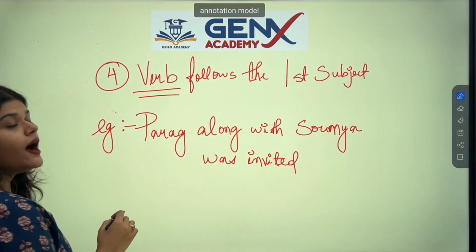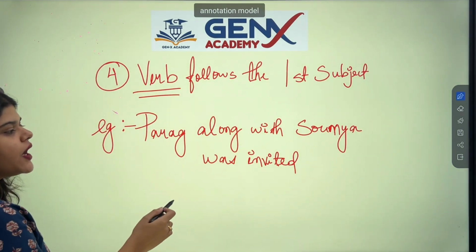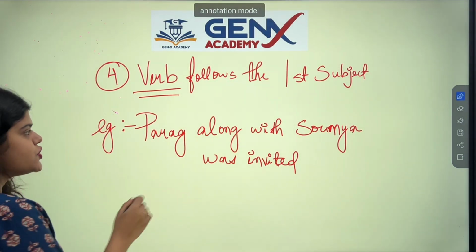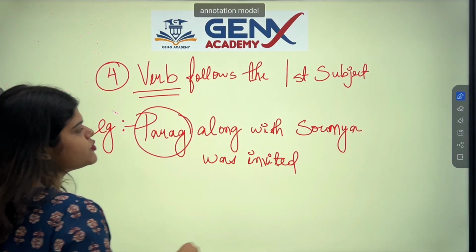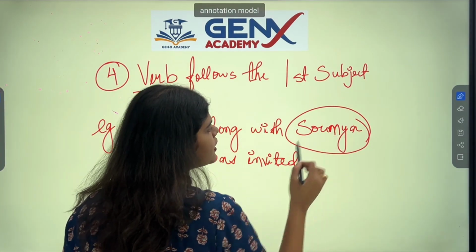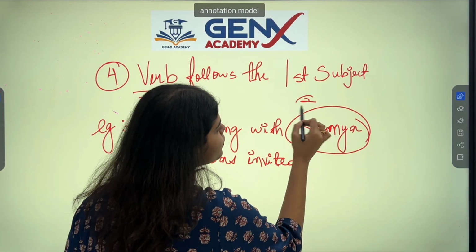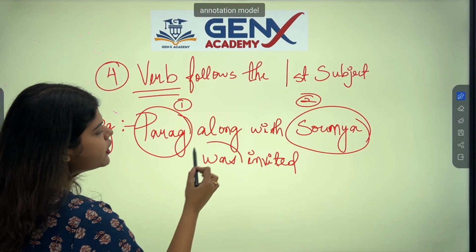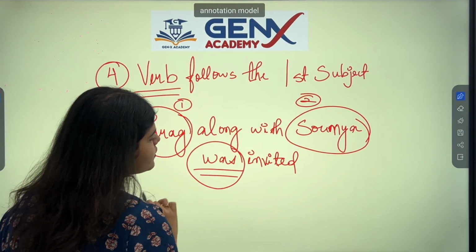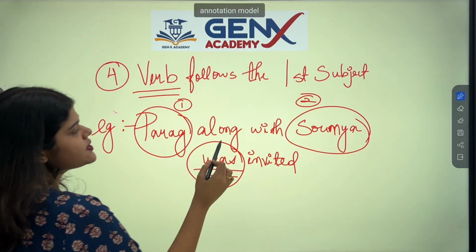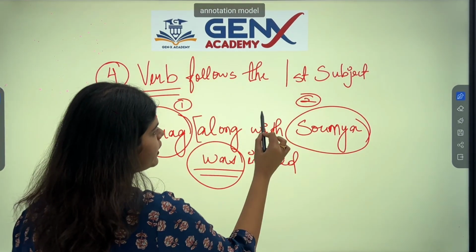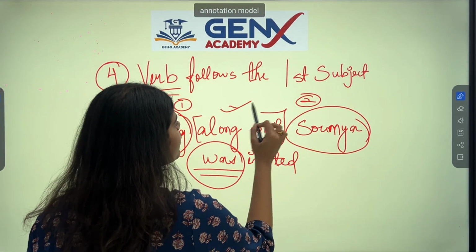Here, Parag along with Soumya was invited. So Parag is your first subject and Soumya is your second subject. And the verb here is used as was, because the sentence is joined with along with.